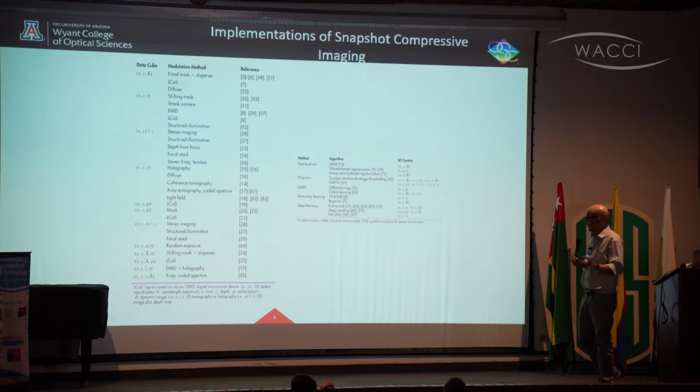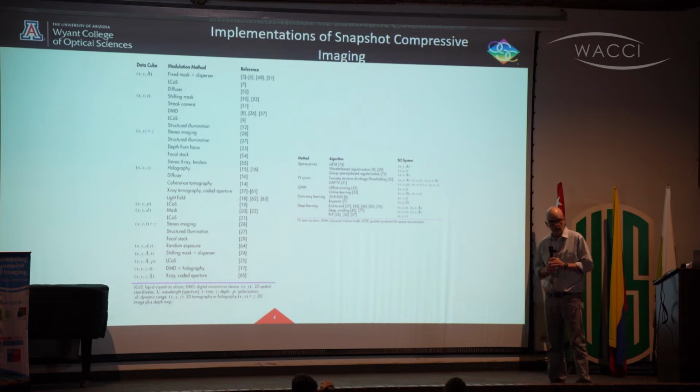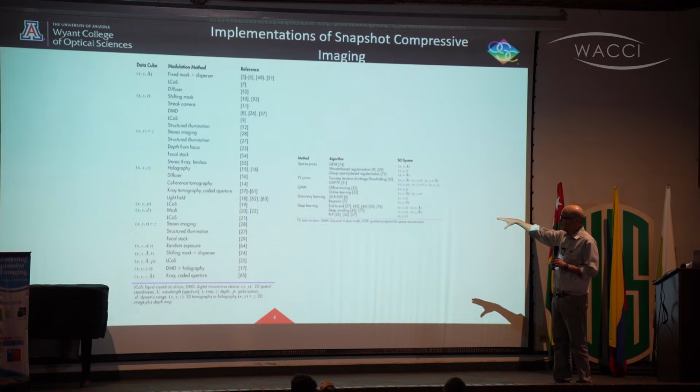So the basic math behind this is kind of similar to all of these compressive tomography problems. This is a list of where this basic strategy has been applied: if the high-dimensional data space is a hyperspectral data cube, if it's space and time, two dimensions in space and time, if it's depth, if it's a full volume reconstruction, you can have polarization images.